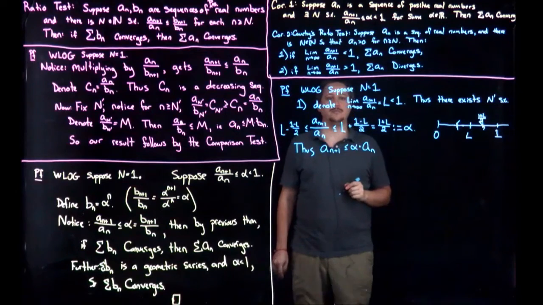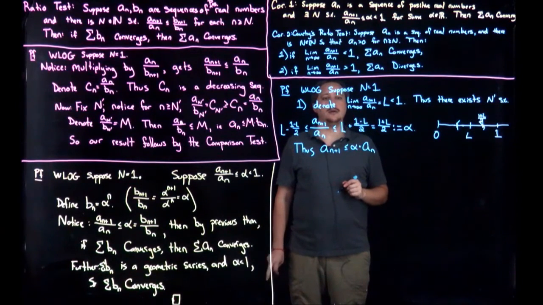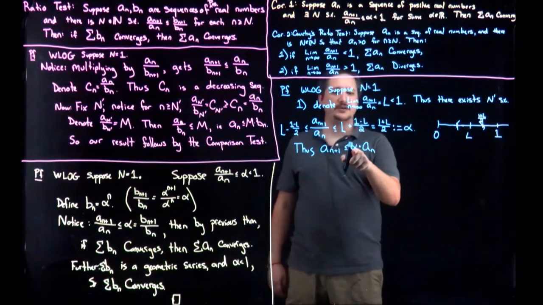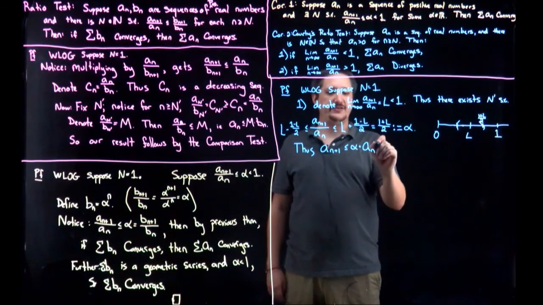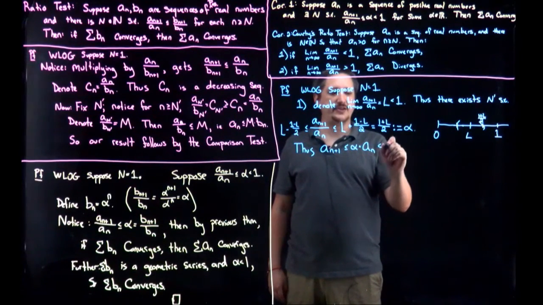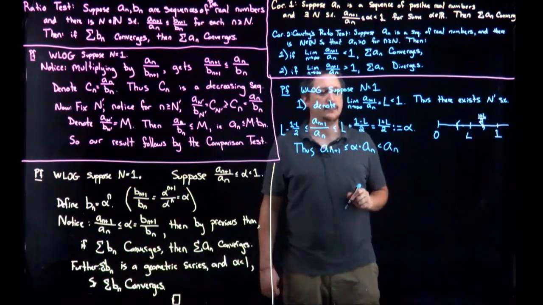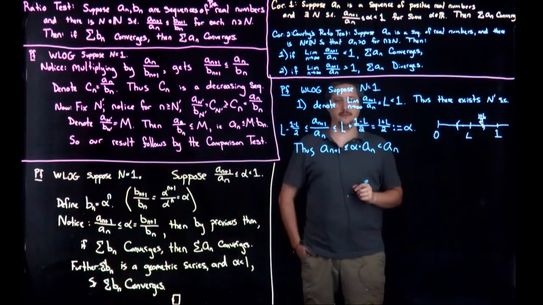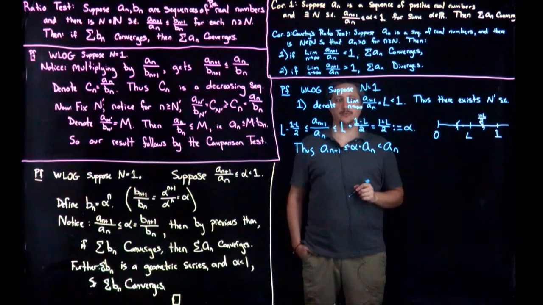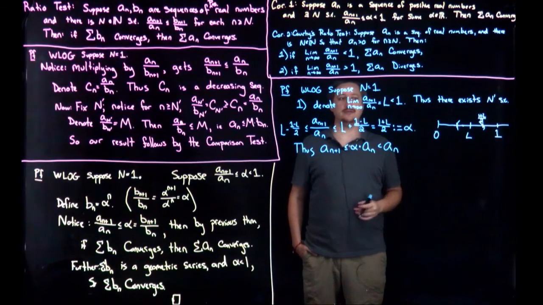But this, alpha, is less than 1. So this is, in particular, strictly less than an. So in particular, an is a decreasing sequence.